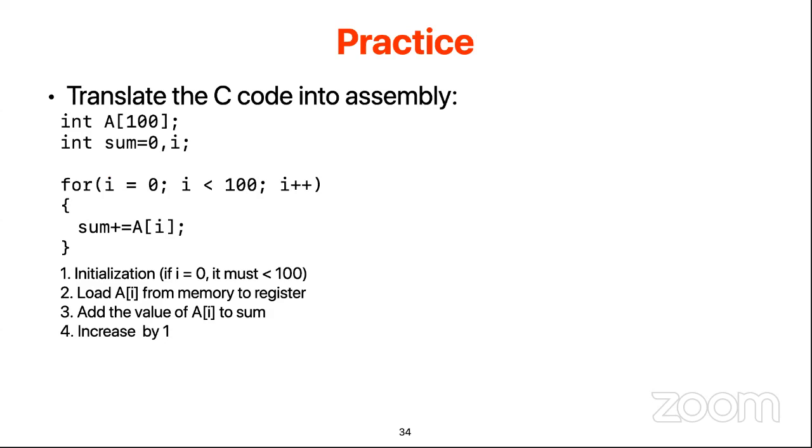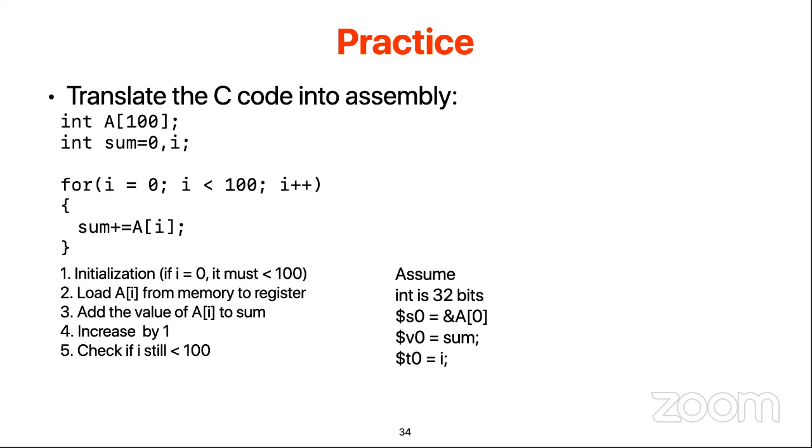Then finally, after we finish the loop body, we have to increment I by 1, and check if I is still less than 100. So this is the basic concept of this piece of code. Let's see, by having these 5 concepts, how can we translate that into machine code?